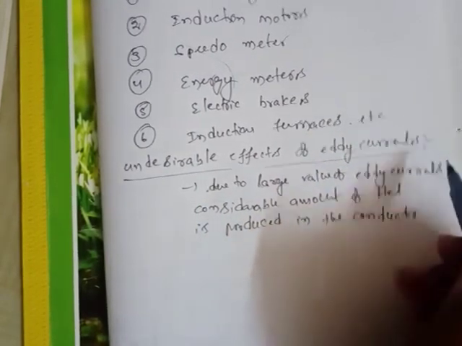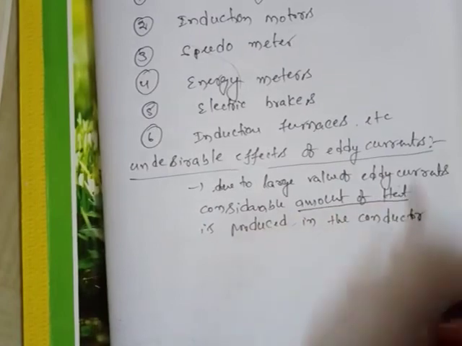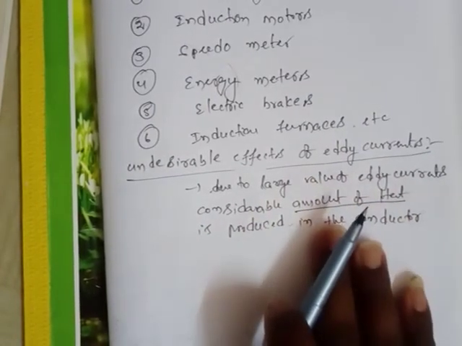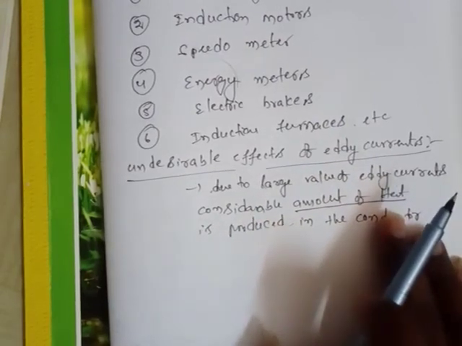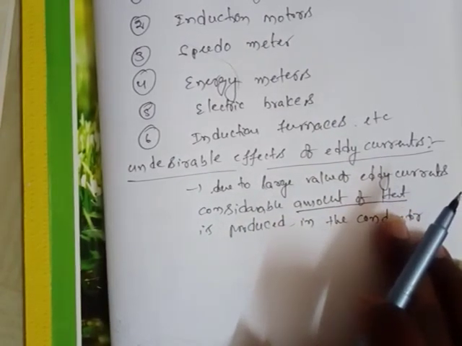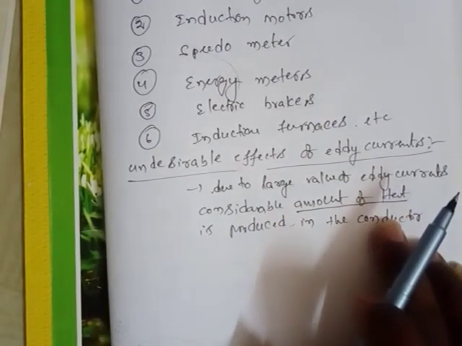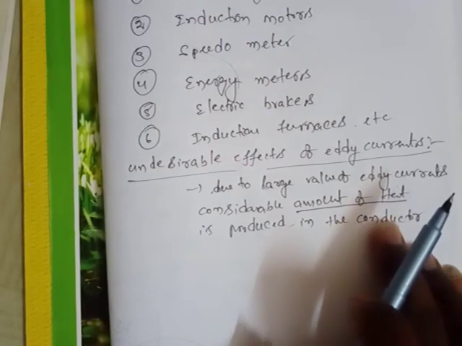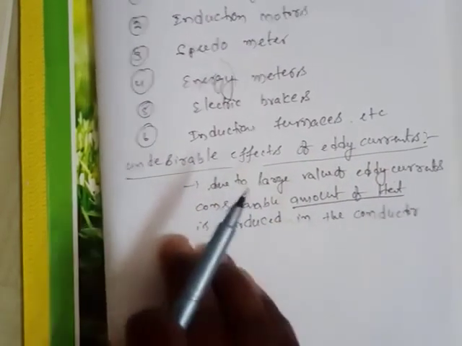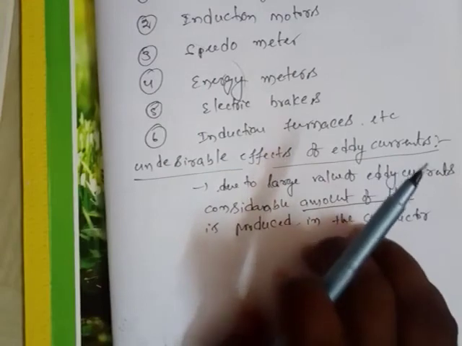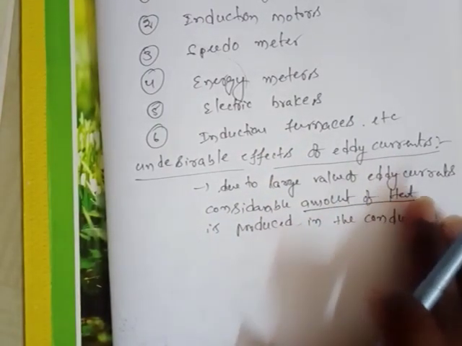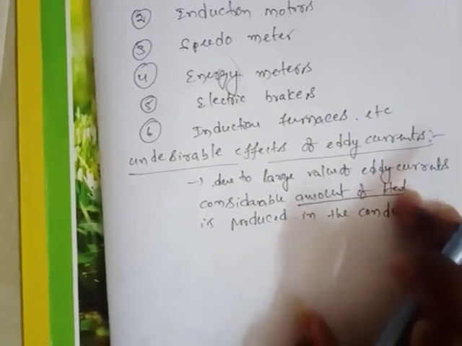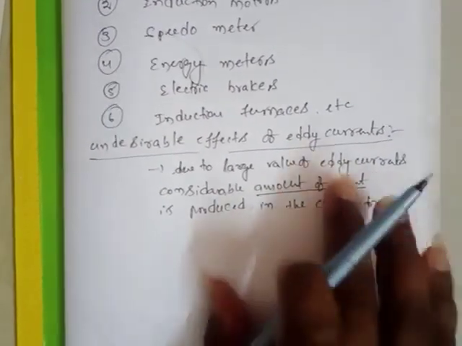So this is one undesirable effect. This heat is generally produced due to eddy currents in devices like transformers or dynamos. The unnecessary heat is produced due to the large value of eddy currents in metallic plates having low resistance.